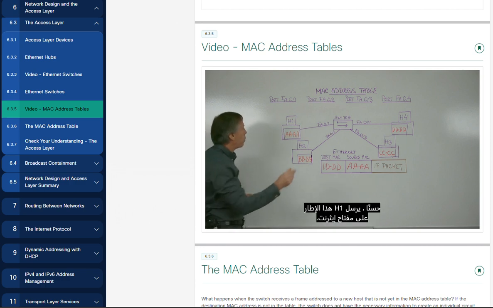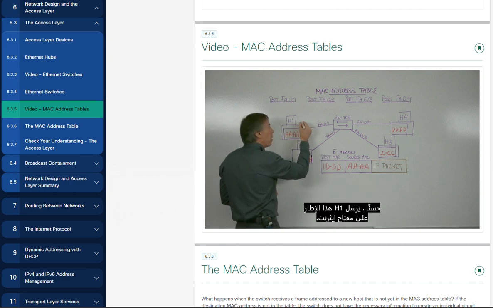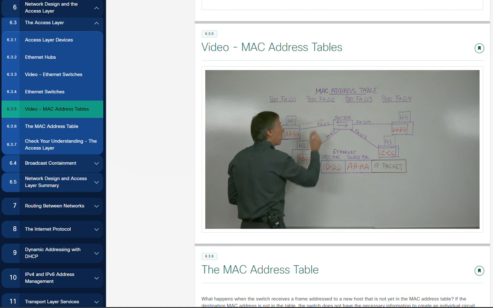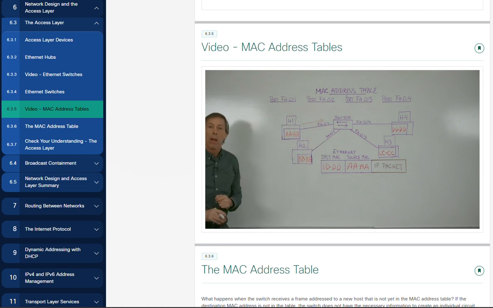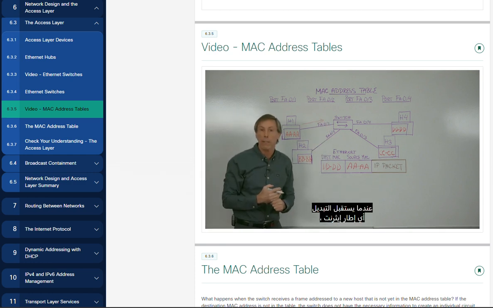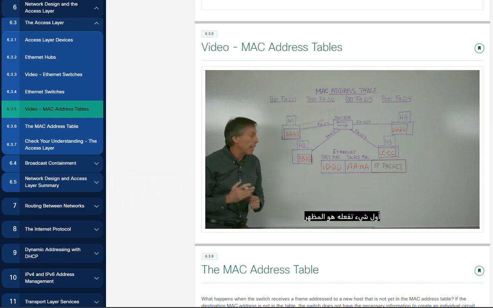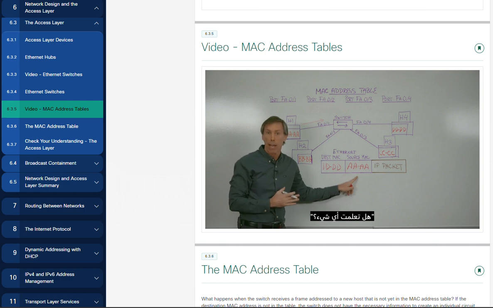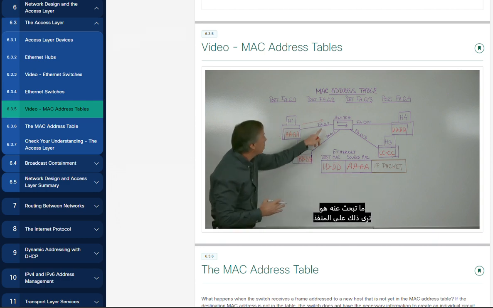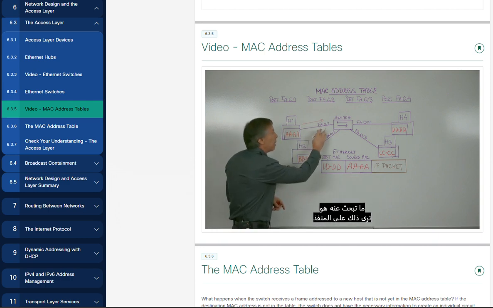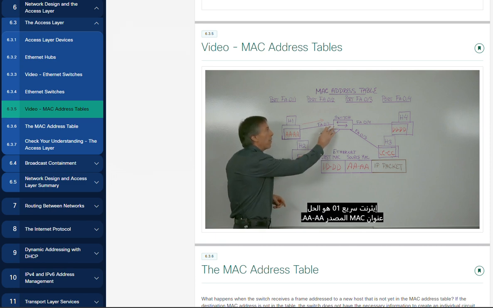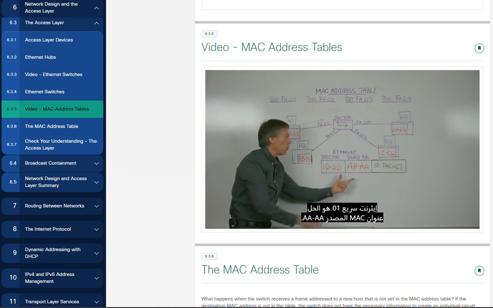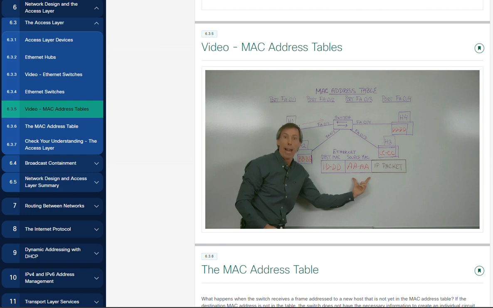Okay, so H1 sends that frame onto the Ethernet switch. When the switch receives any Ethernet frame, the first thing it does is look at the source MAC address and ask, have I learned anything? What it sees is that on its port, Fast Ethernet 01, is the source MAC address AAAA.